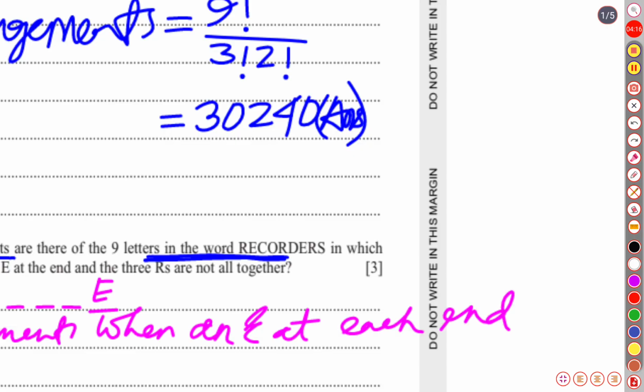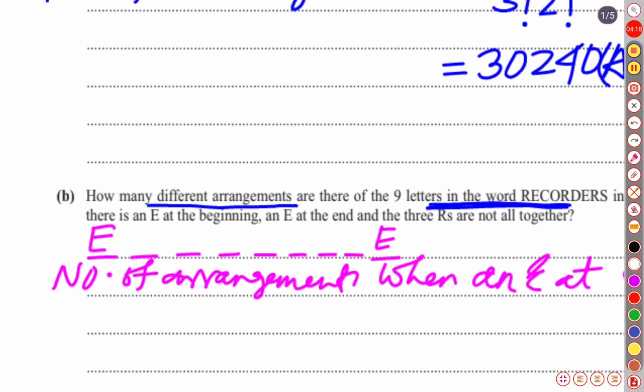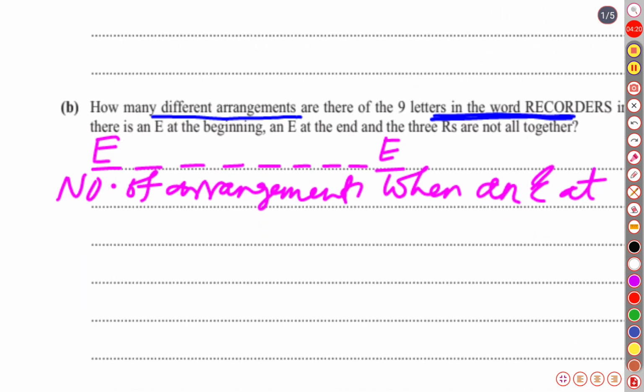Well, when an E is at each end, what will be the scenario? Look at this. Here, out of 9 places, 2 E's have already been fixed. So what is remaining? There are 1, 2, 3, 4, 5, 6, 7. There are 7 factorial ways the remaining letters can interchange their positions.